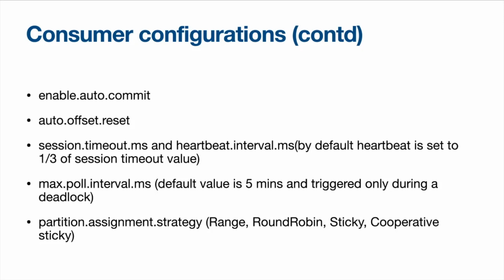Then it won't read from 9 and 10, that is, post 8 that you have already read. If it is earliest, it will start reading from 1. If it is latest, then in such a case it will read from 9 and 10, that is the last available commit offset. If it is specified as none, and you don't have a commit offset present in your Kafka topic at that moment, then your consumer will throw an exception.